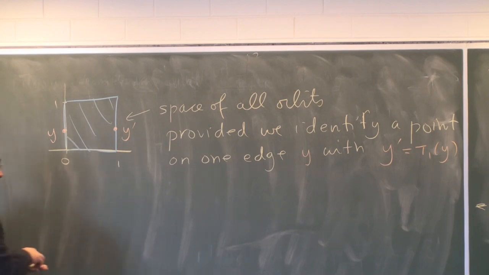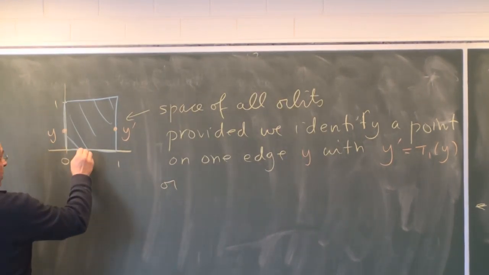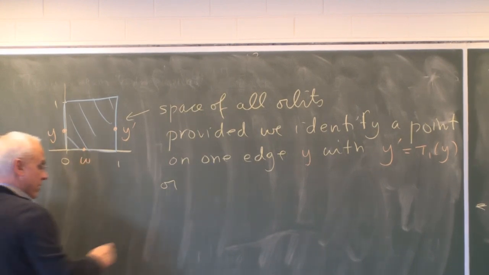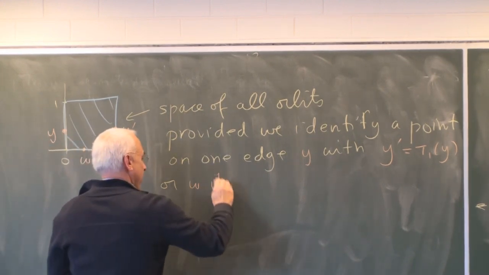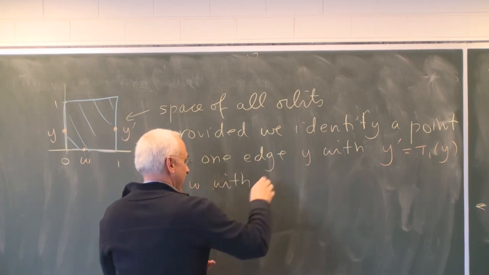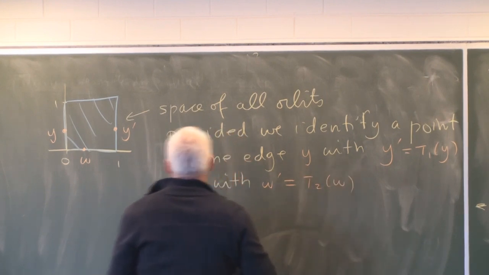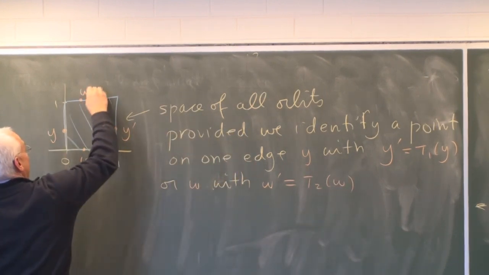Or point W down here, with W prime, which is tau 2 of W, which would be up here.